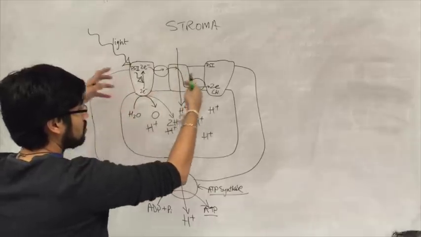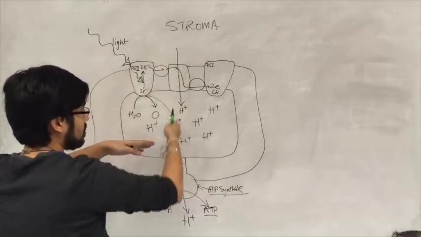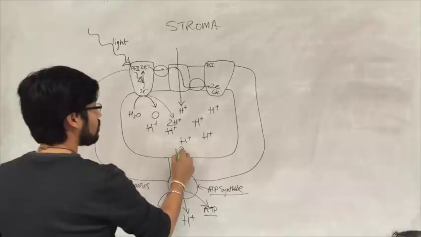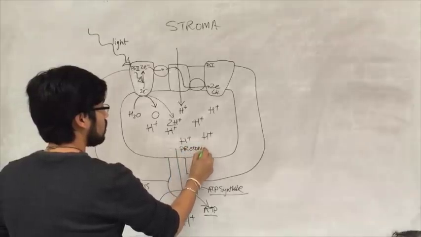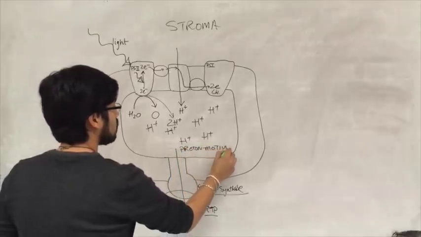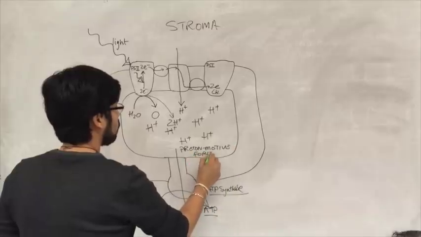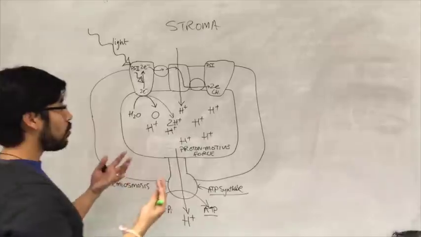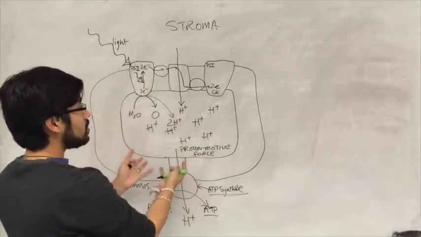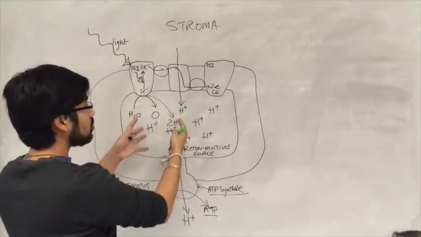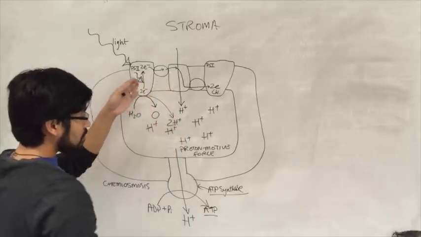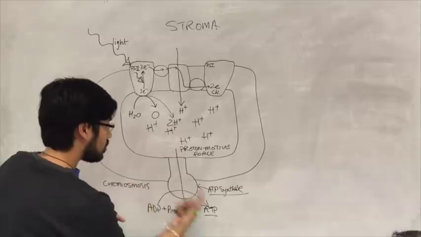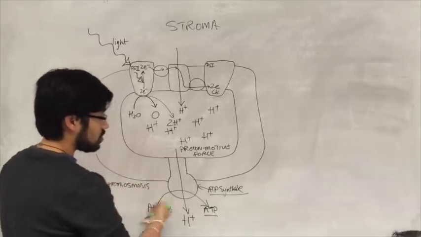By moving lots of protons into this area through this electron carrier, we're generating a proton motive force. So this proton motive force, or chemiosmosis, is essentially a way to say we're building up a proton gradient here, so that when these protons diffuse out of this ATP synthase, we can use that energy to drive the production of ATP.